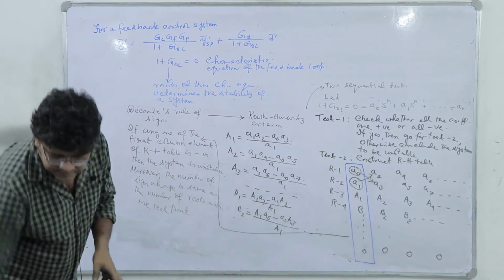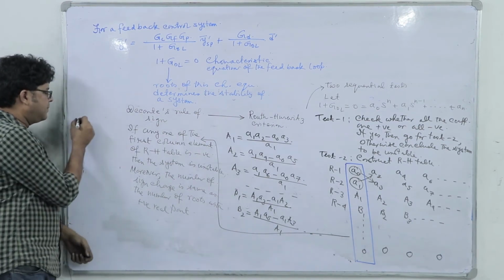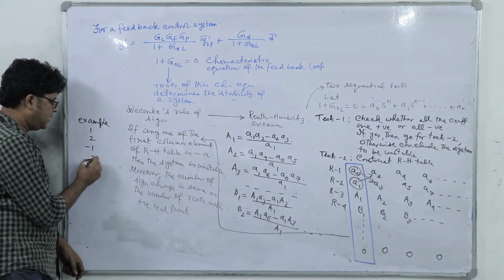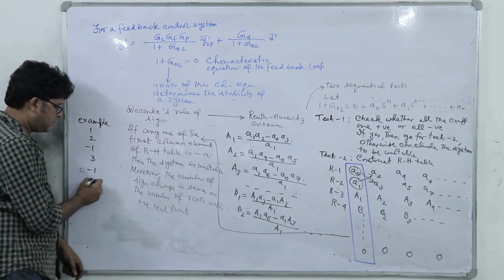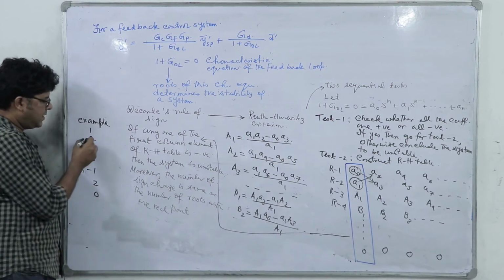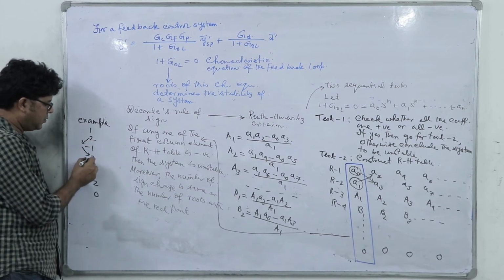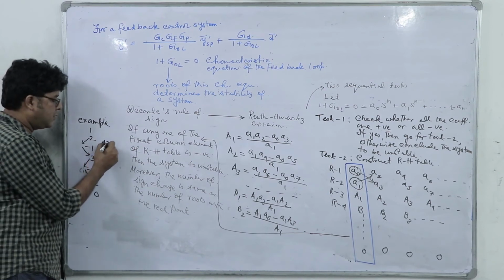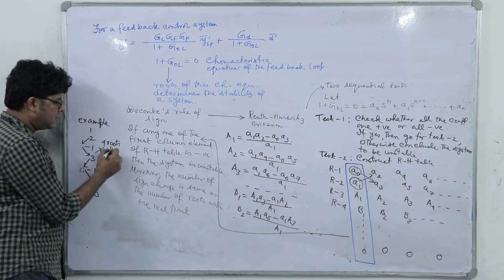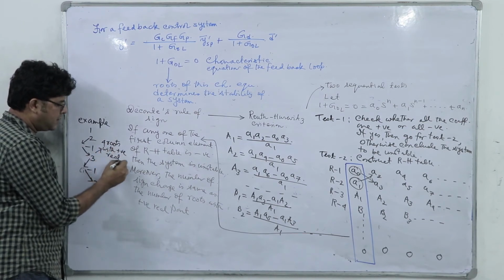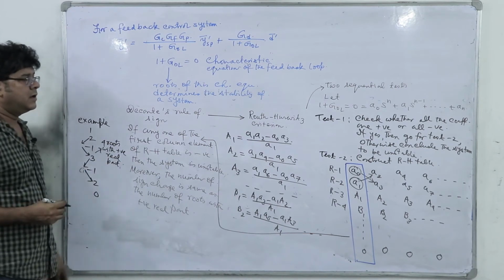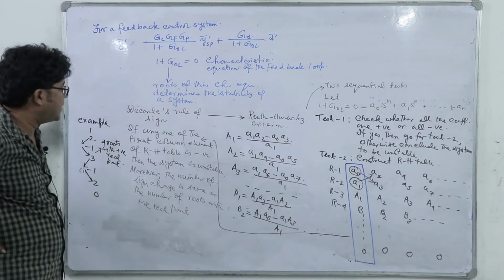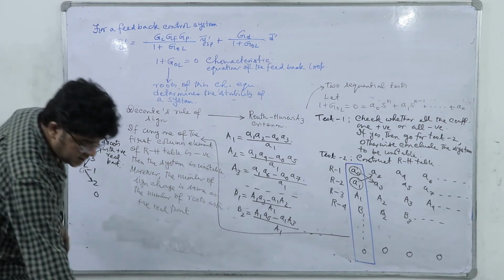For example, if I get the first column as 1, 2, minus 1, 3, minus 1, 2, 0, then the number of sign changes is 1, then 2, then 3, then 4. So 4 roots with positive real part. That we can conclude about the number of roots with positive real part, and definitely the system is unstable.